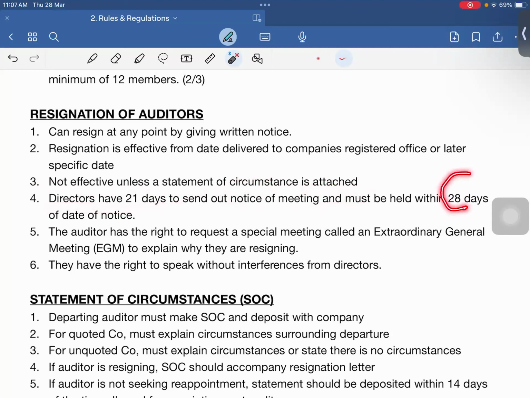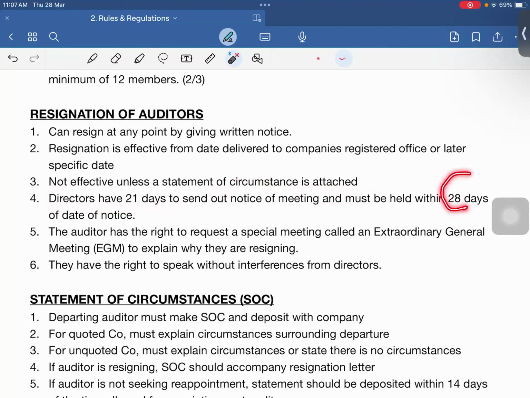We have already discussed this. Just summarizing it again. Clear? Now, either the directors should take initiative, or if the directors are stalling, the auditors would always have a right to call for an extraordinary general meeting and explain or have the right to be heard.